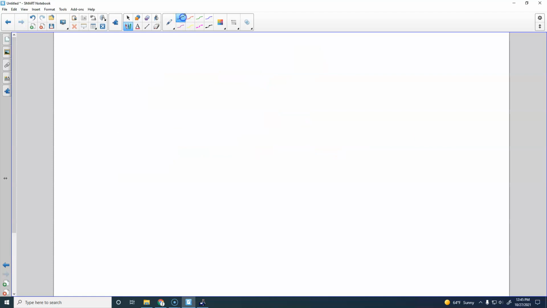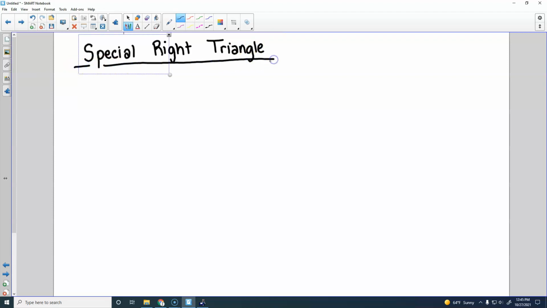I'm going to teach you special right triangles. I don't know if you learned this or not, because we don't really have to teach special right triangles, because they're really just a shortcut. We could just do everything with trig. There are two types of special rules that are really just shortcut rules. You don't technically have to know them, but they can come in handy.